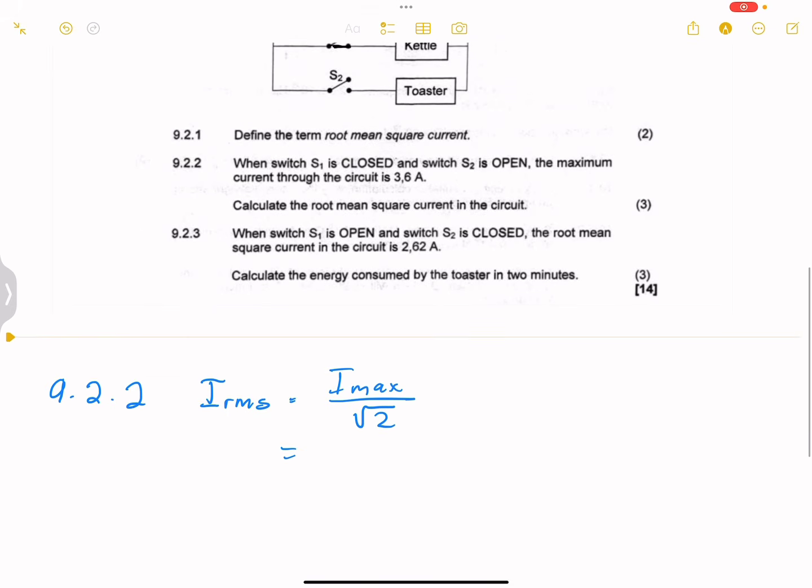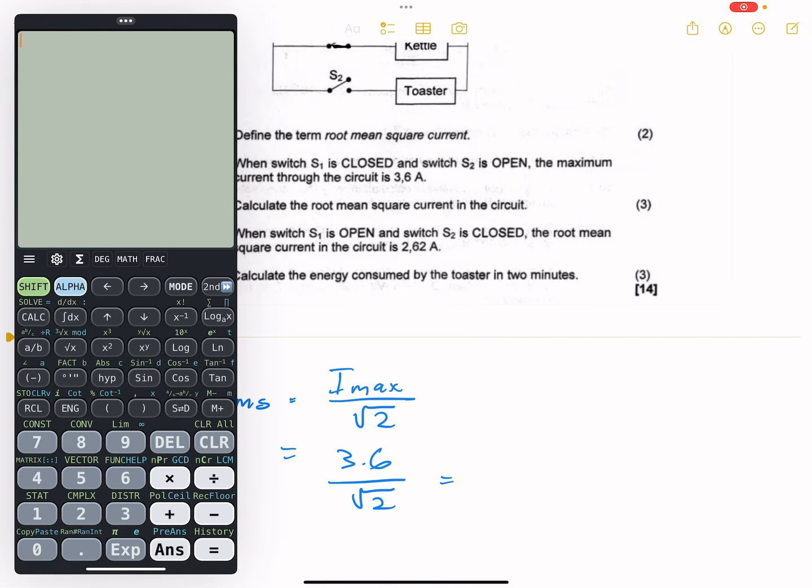And so our maximum is 3.6. We divide that by root 2. And let's find that value. Okay, I get 2.55 amperes, right?